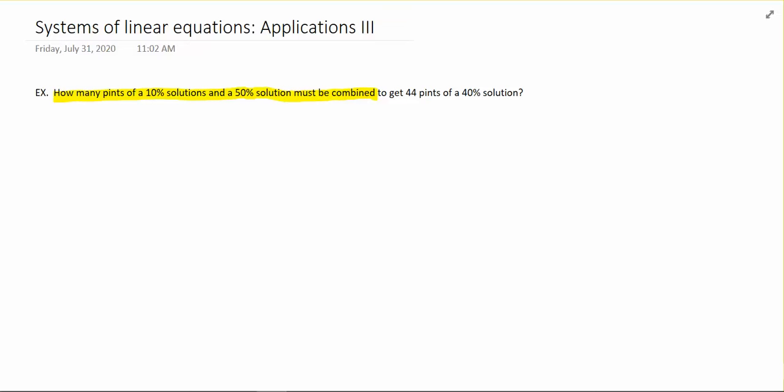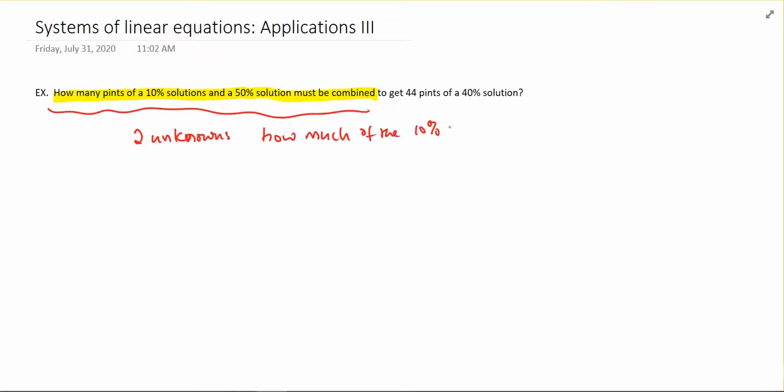Means we have two unknowns. We don't know how much of the 10% solution, and we don't know how much of the 50% solution.